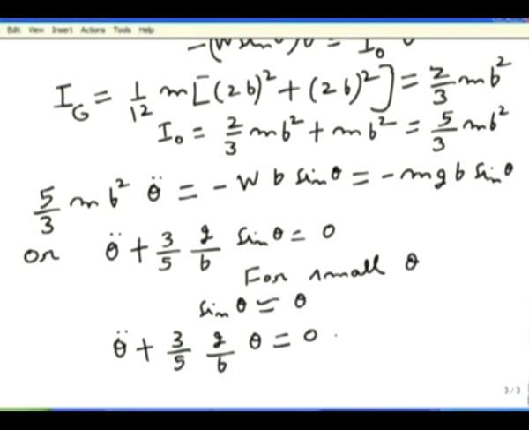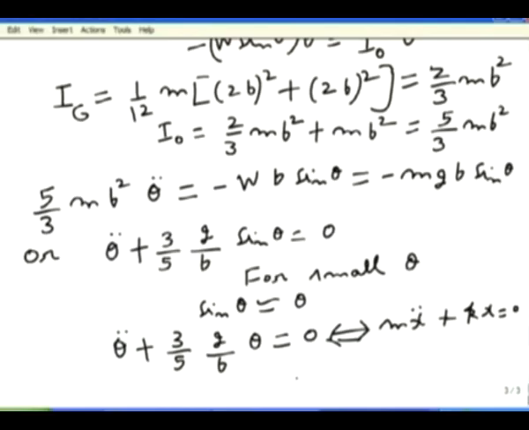or this can be compared with m x double dot plus k x equal to 0, for which we know the frequency is under root k by m. The same thing happens here.